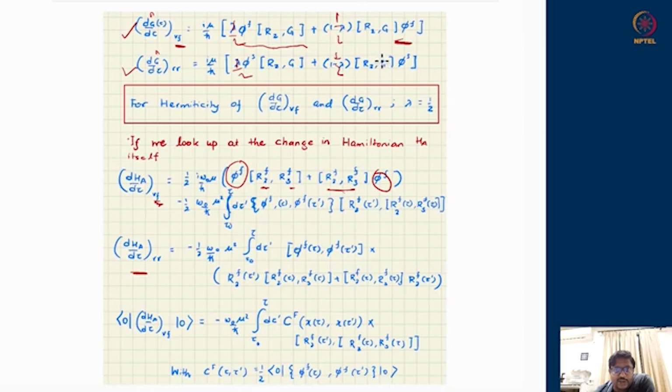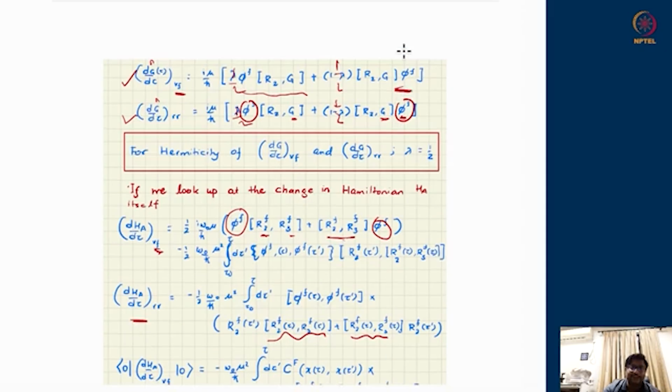Here the G would be written as the Hamiltonian itself, and the Hamiltonian, remember, was omega naught times R3. So wherever you see this, you will put an R3. So the R3 commutator will appear, and their splitting with 1/2 will appear. If I look at the radiation reaction part of the total Hamiltonian, phi s is appearing here and phi s is appearing here.